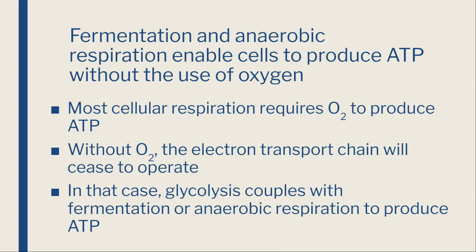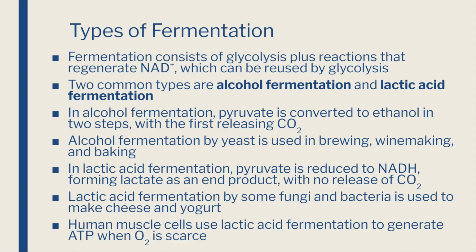Without that oxygen, the electron transport chain is not going to work. But glycolysis itself doesn't require the oxygen, so that part of the process can still occur. The pyruvate just won't go into the mitochondria to get broken down even further.